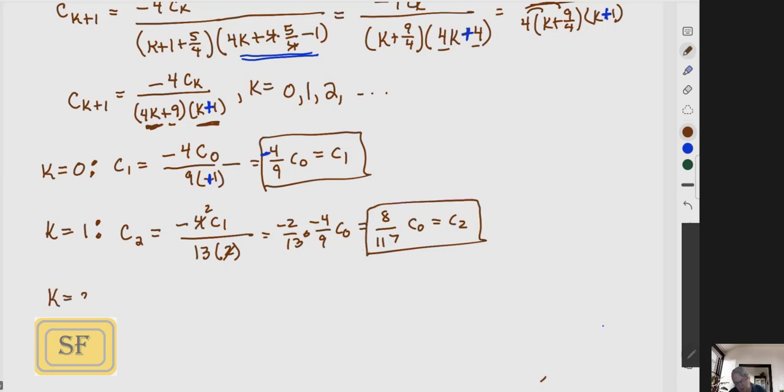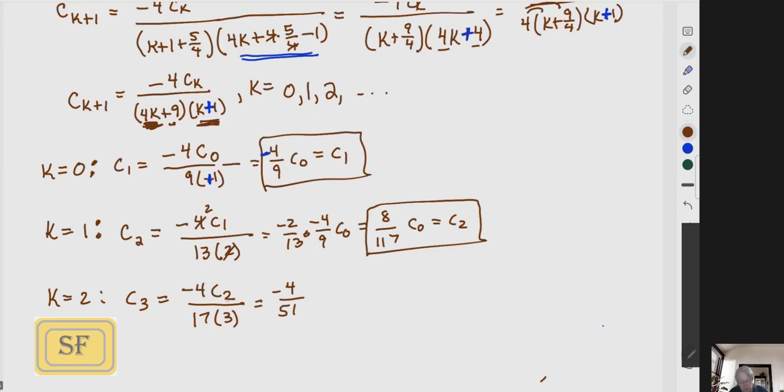So k equals 2 will give me C3 is negative 4 C2 over, k is 2, so 4 times 2 is 8 plus 9 is 17. And then 2 plus 1 is 3. 17 times 3 is 51.